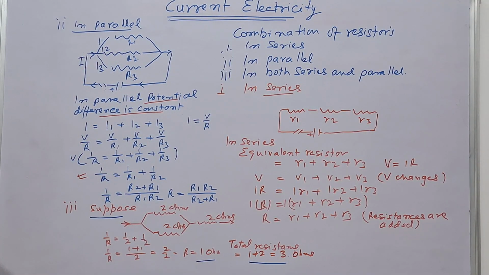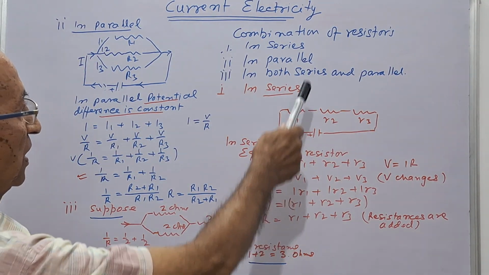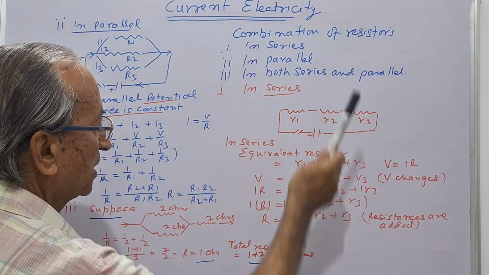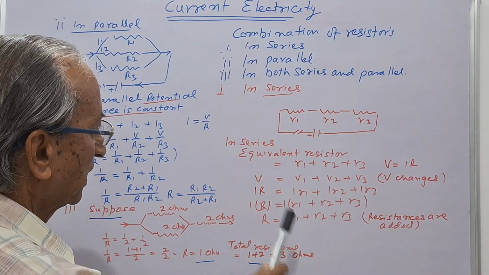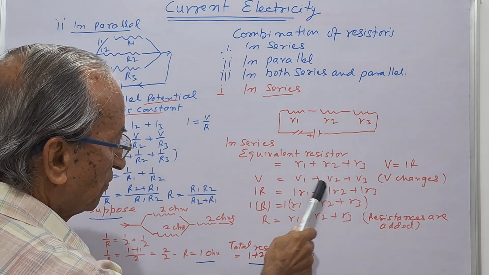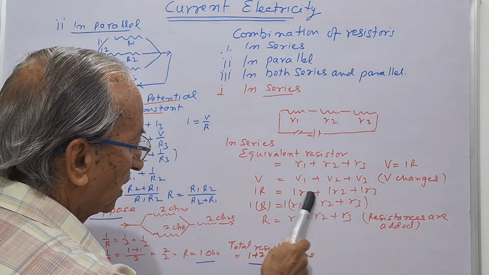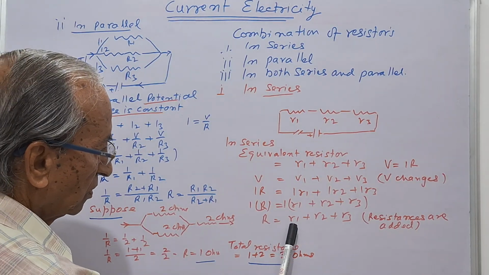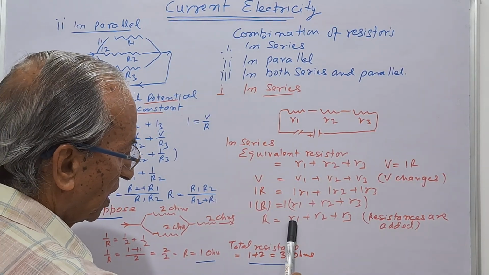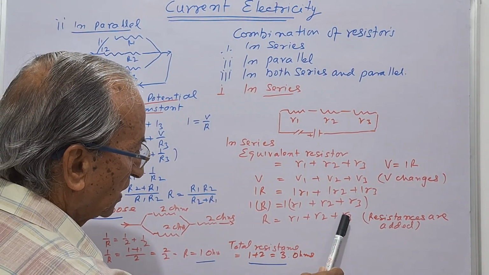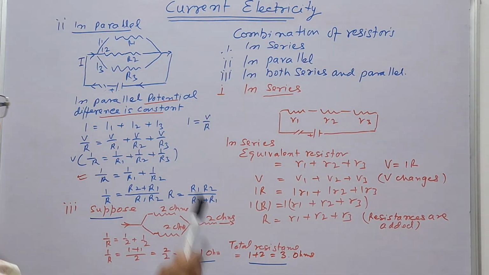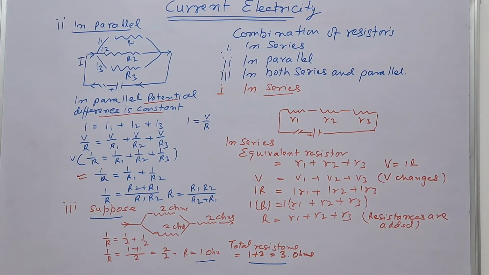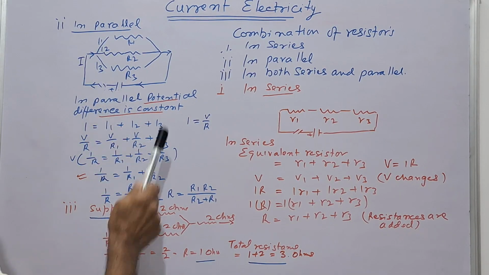So there are three types of combinations: in series, in parallel, and in both series and parallel. Listen, in series, the potential difference changes while the current remains constant, and the total resistance is equal to the sum of all the resistances, that is R1 plus R2 plus R3. But in the case of parallel, the potential difference remains constant and the current changes.